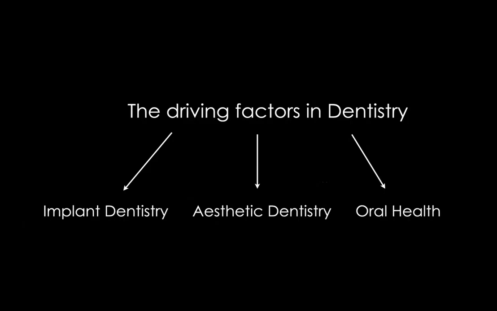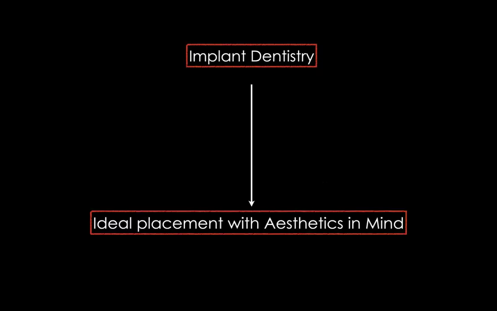But in reality, in dentistry, today or forever, there are three factors that guide dentistry: implant dentistry, aesthetic dentistry, and oral health. Since my webinar will be focused on implant dentistry, you can see that today, in order for us to place an implant, we have to think about it in the most aesthetic way possible. So we are driven aesthetically, and when we say driven aesthetically, that means we are driven prosthetically.